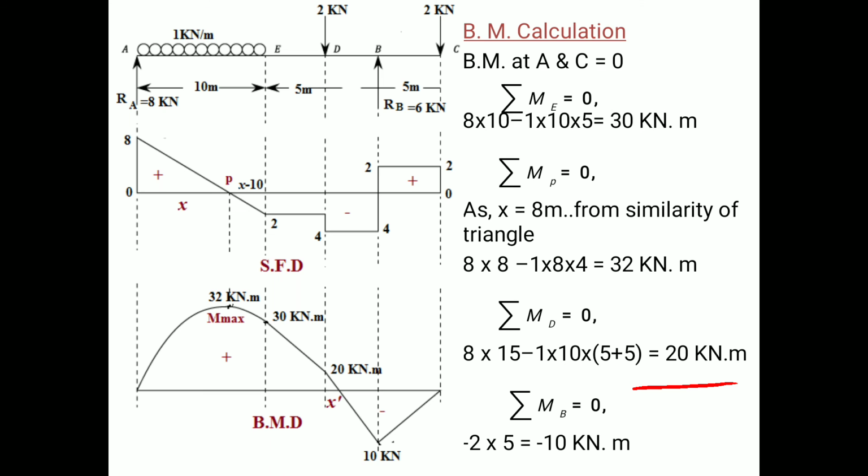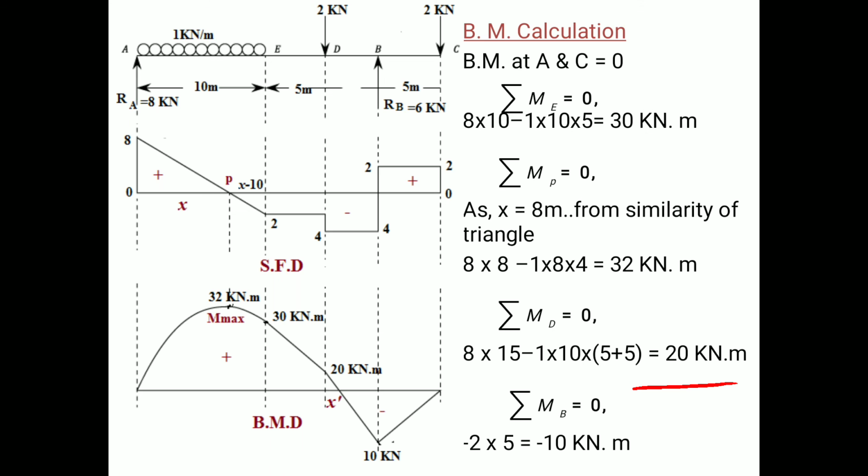So we have minus 2 into 5 because from C to B it is easy to calculate the bending moment, and as we have considered the right hand side for the point B, therefore for the hogging bending moment we have a negative sign. Therefore it is minus 2 into 5, which is equal to minus 10 kilonewton meter.